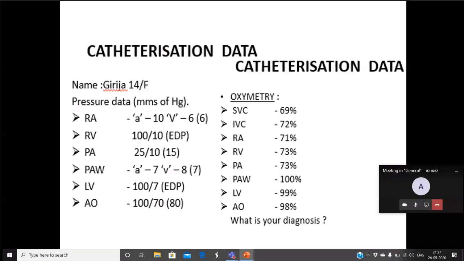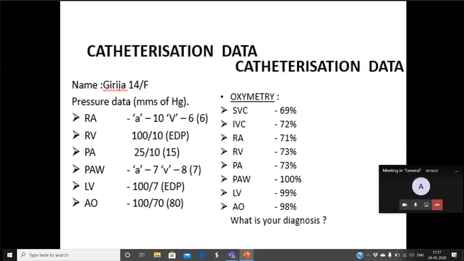There's no step up, no step down. Yes, isolated PS. So it's a case of isolated valvular pulmonary stenosis, with some degree of RV involvement, as the RV has started developing elevated end-diastolic pressure. You can also say that there may be some degree of RV failure.